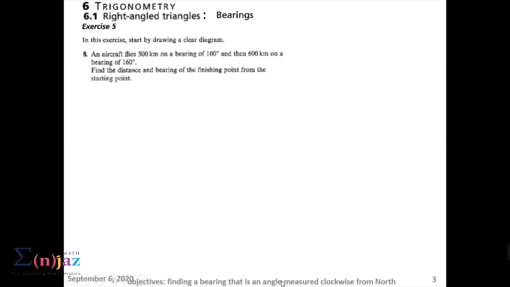Now, always start by drawing the coordinates, x-axis, y-axis. So it said here 500 kilometers at a bearing of 100. So the bearing will be measured from the north.